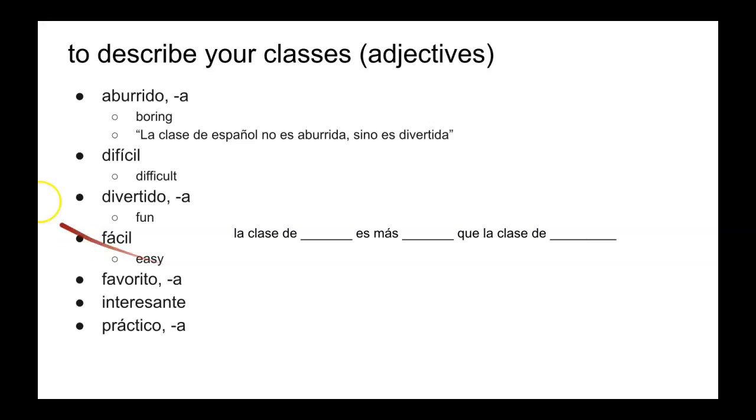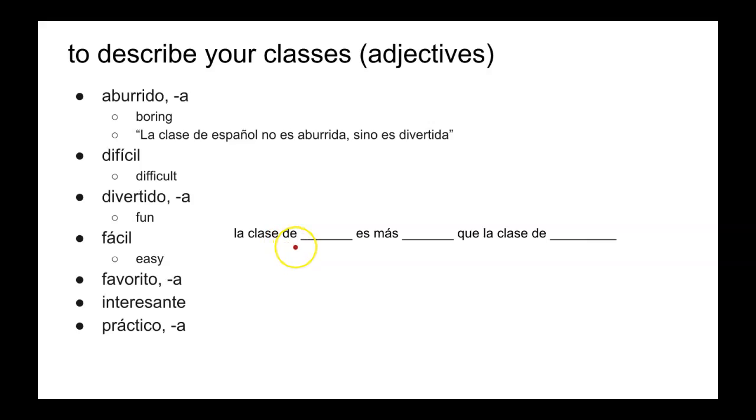So we've got these adjectives: boring, difficult, fun, easy, favorite, interesting, practical. And what I want to learn how to do now and to practice next week is these comparisons.